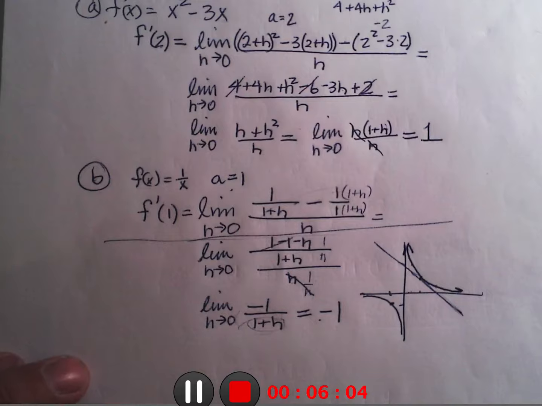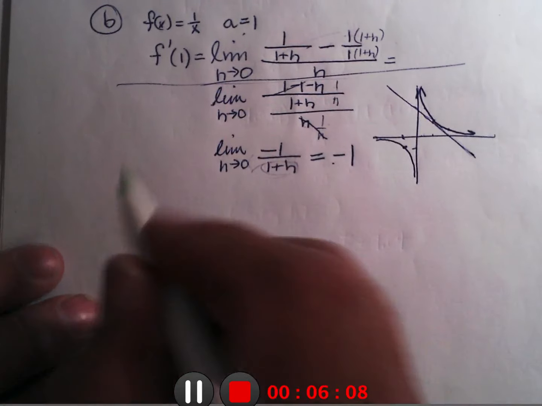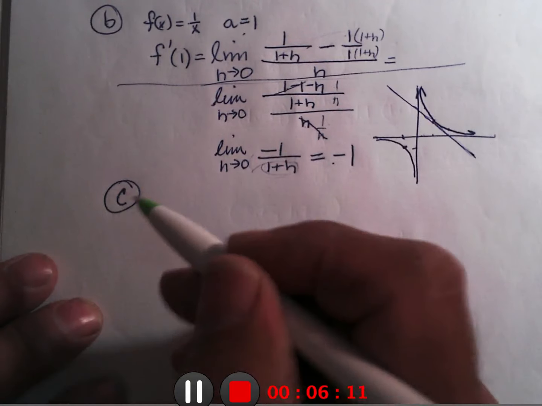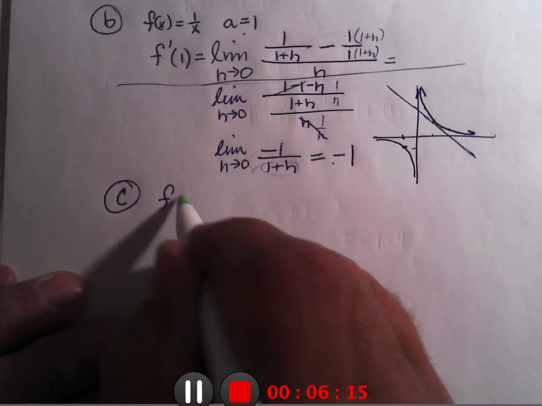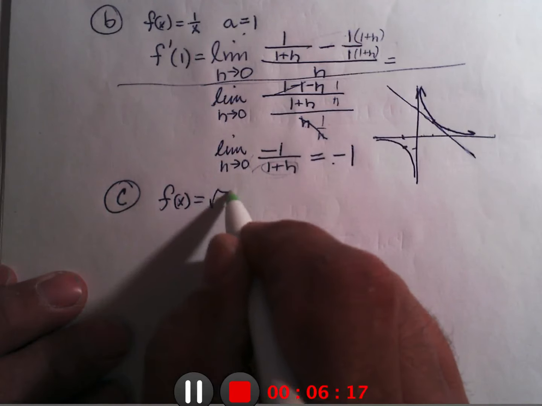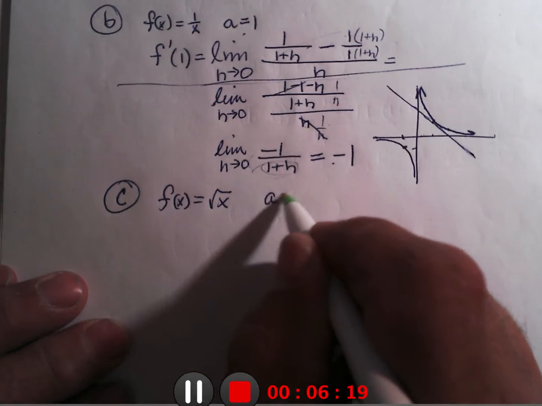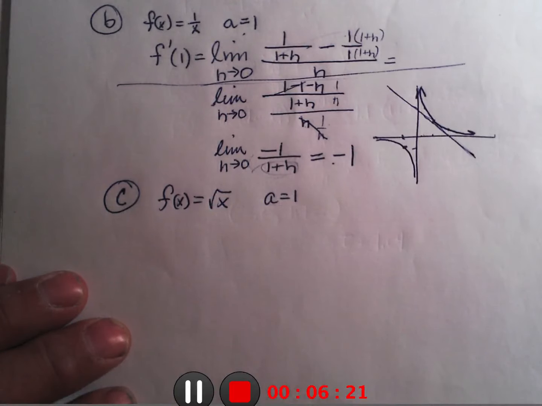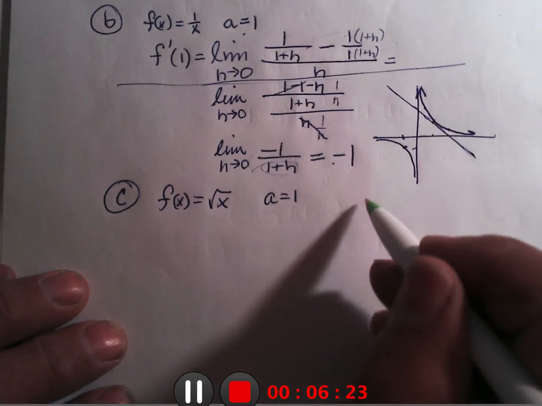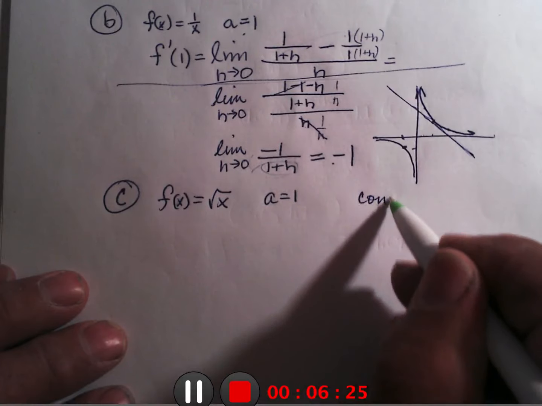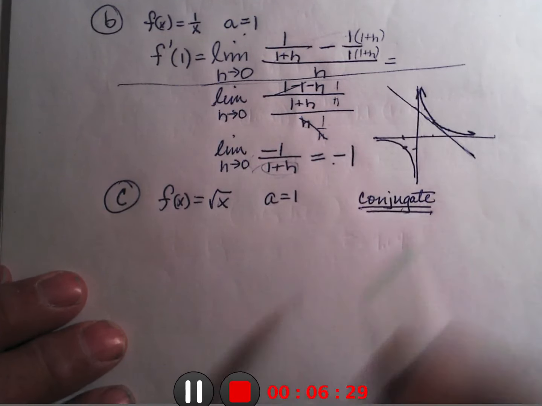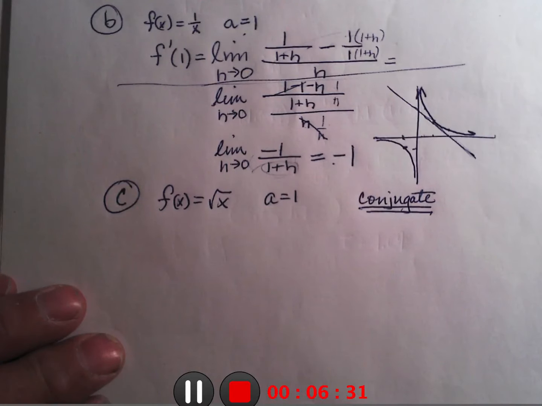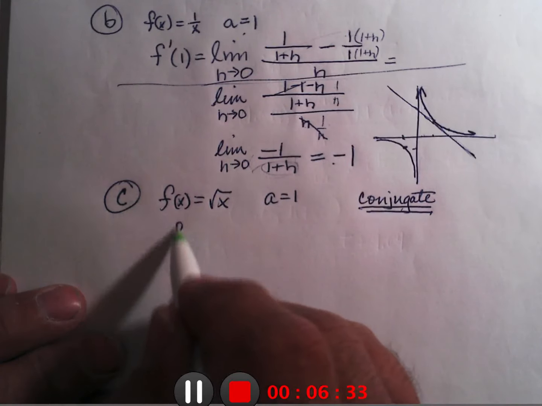Okay, now let's do C. C says f of x is the square root of x at a equal 1. Square root functions, we're always going to have to use something called the conjugate. So beware, we're coming on to conjugate here. So we want the f prime at 1.